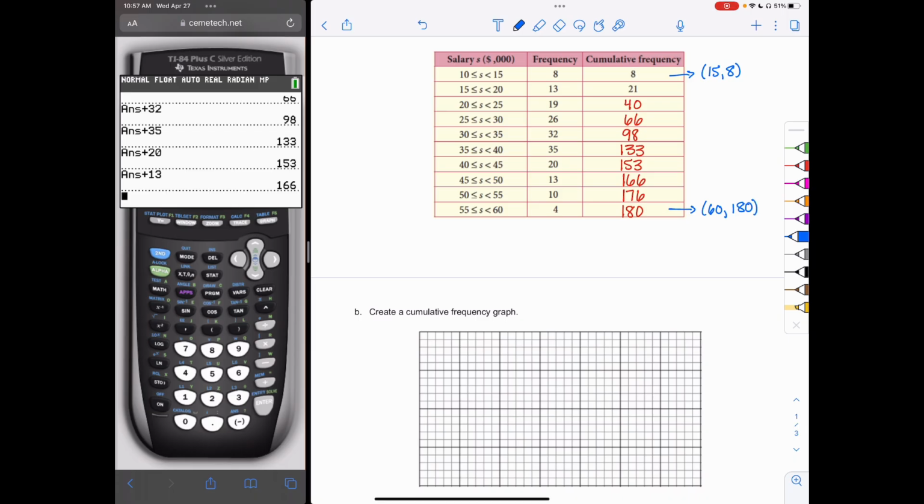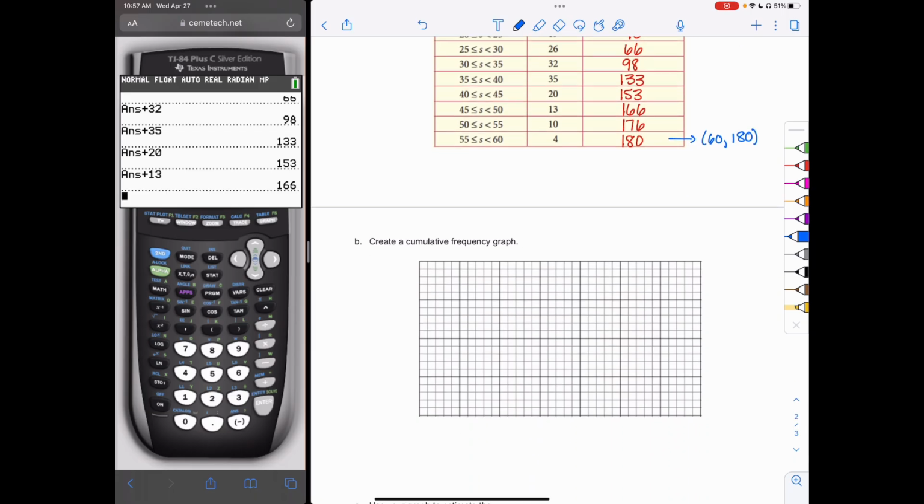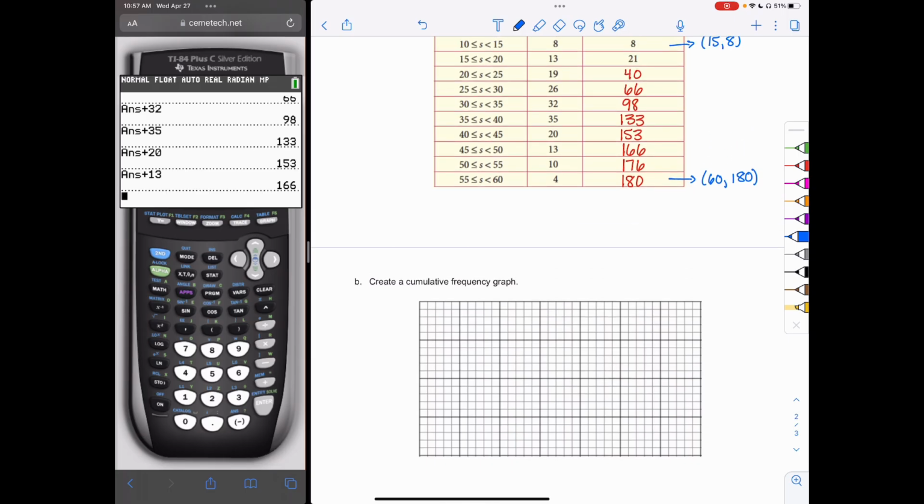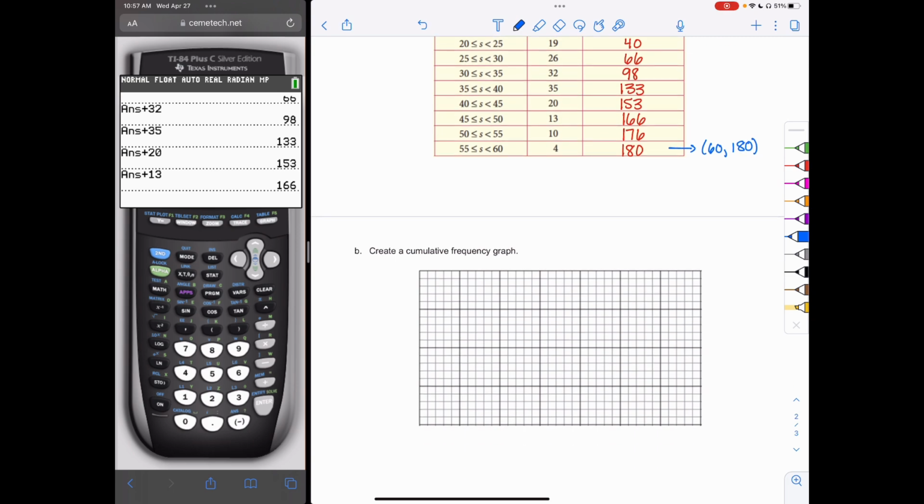So let's do it. The first thing you want to do is label and scale your axis. We already know that the bottom left-hand corner is 0, 0. We can see that we're going from 10 to 60, so I'm going to label my x-axis by tens. Anytime you have a graph here, you're going to have minor grid lines and major grid lines.